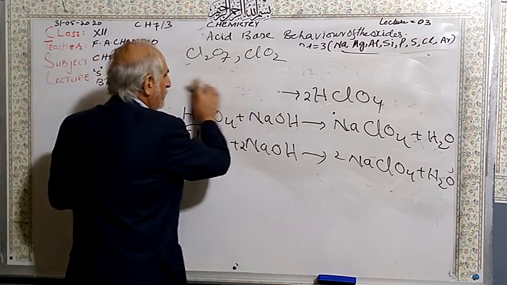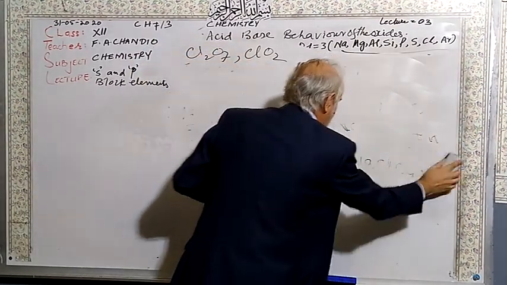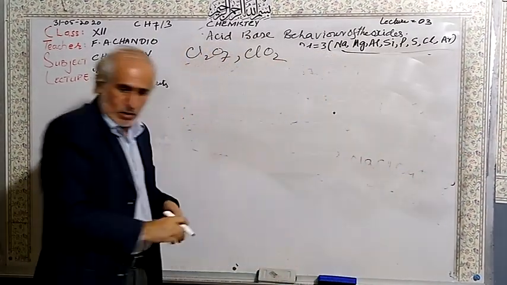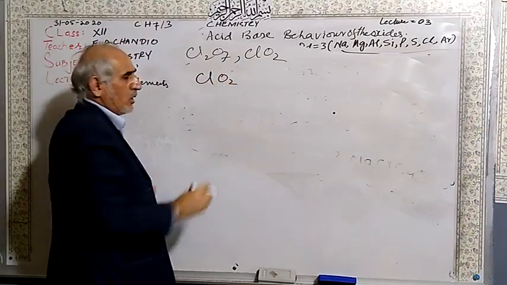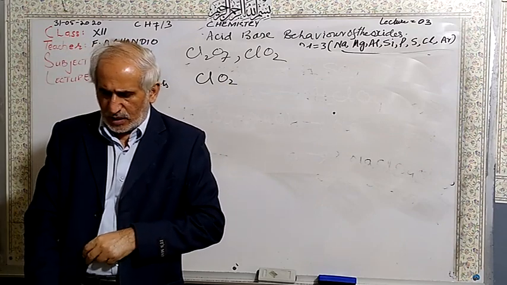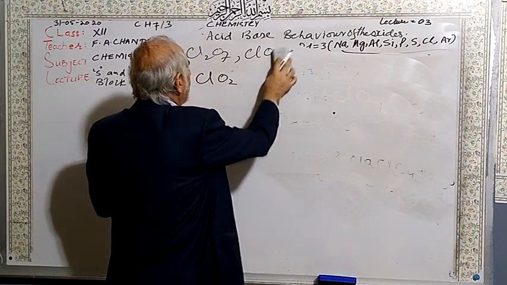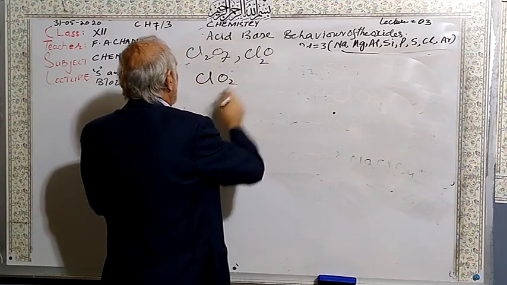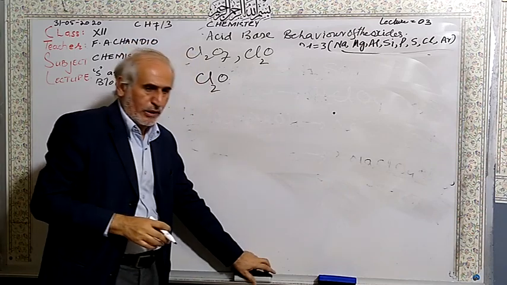Now another one. This is chlorine dioxide, or another one is dichlorine oxide. There are many oxides. In this book, this is given as dichlorine monoxide.